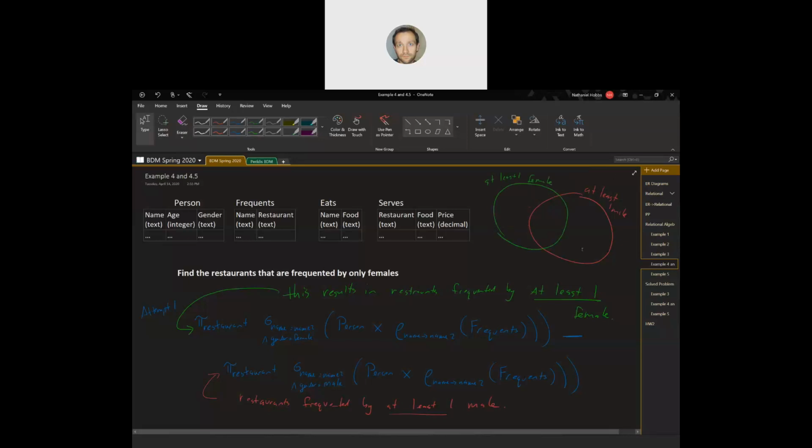Here in red are at least one male. So if you take the set in green and subtract the set in red, then the result is our query, this part. And so these are only females. So this is a set difference. Excellent. Very good.